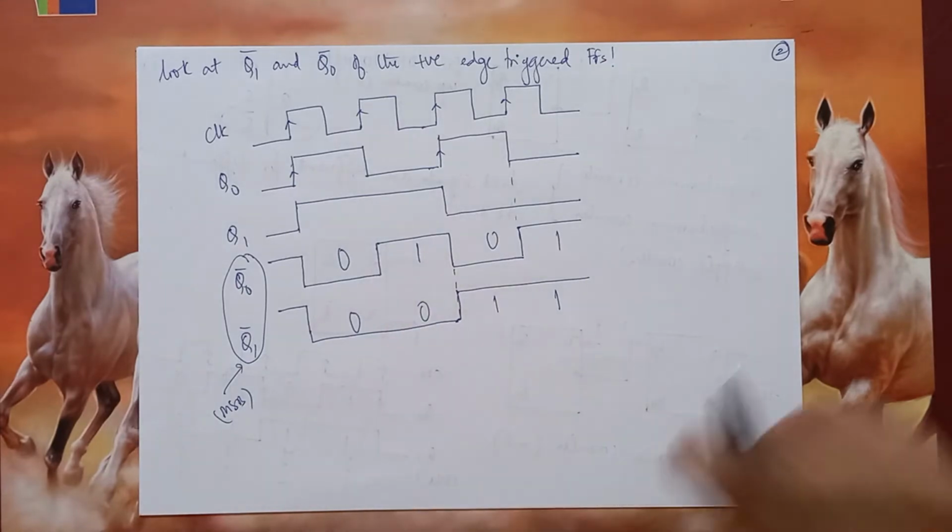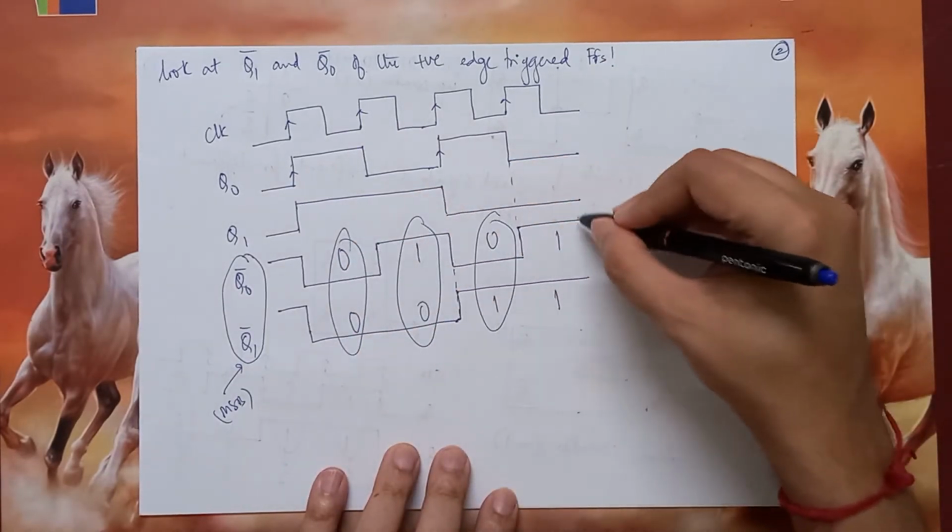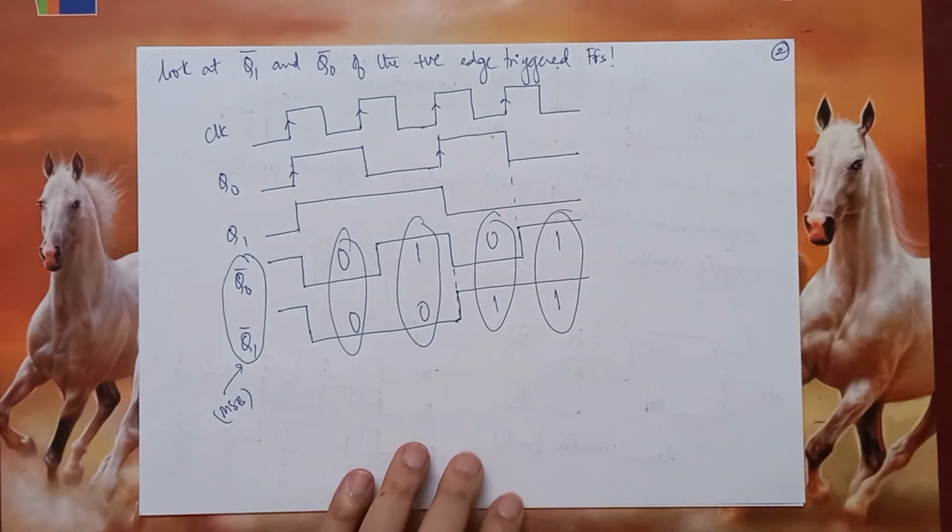So you can easily achieve this up counting by making use of the positive edge triggered flip-flop as well. There is not much difference with the negative edge triggered flip-flop in that matter.